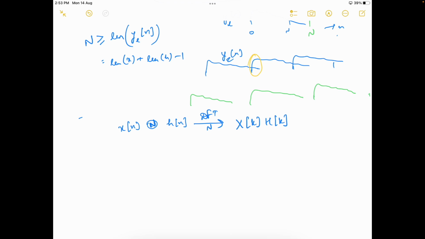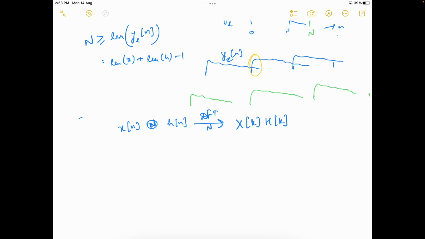So basically, if you want to filter a signal, which means you want to pass it through some system which has an impulse response h of n, you just take their DFTs with a large enough capital N, multiply X of k with H of k, and then take the inverse DFT, and you get y of n.